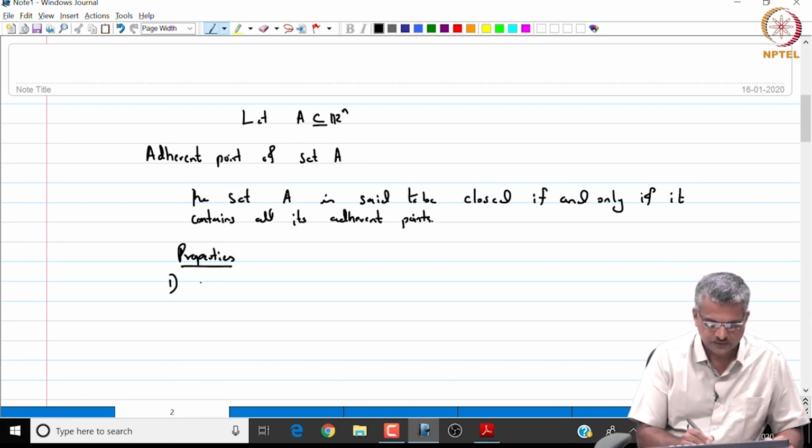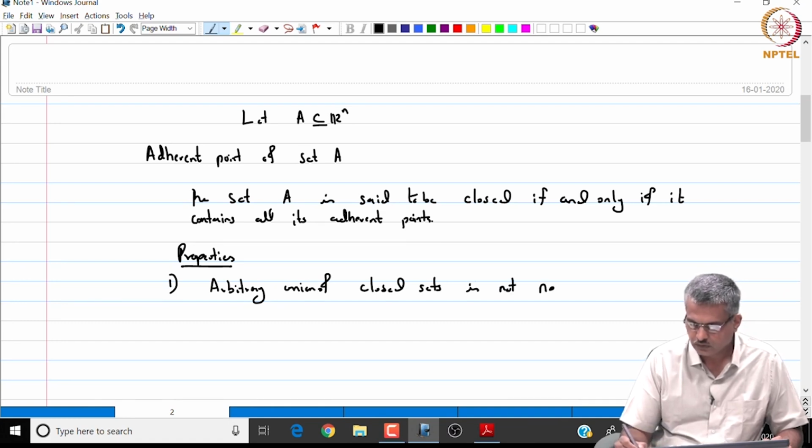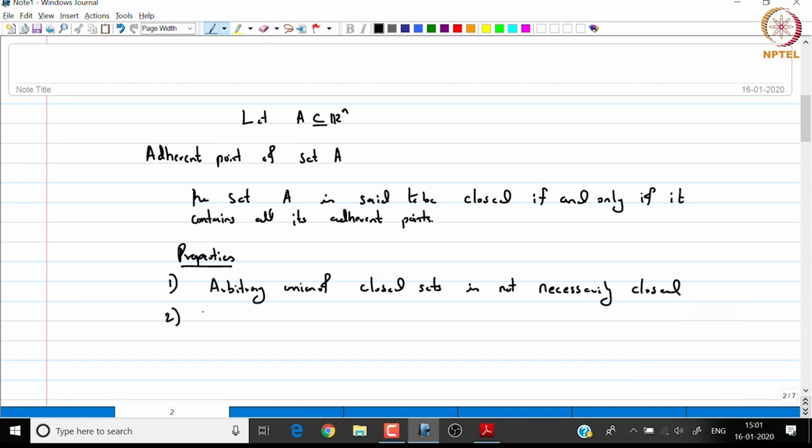One is, arbitrary union of closed sets is not necessarily closed, it need not be closed, whereas arbitrary intersection of closed sets is closed.